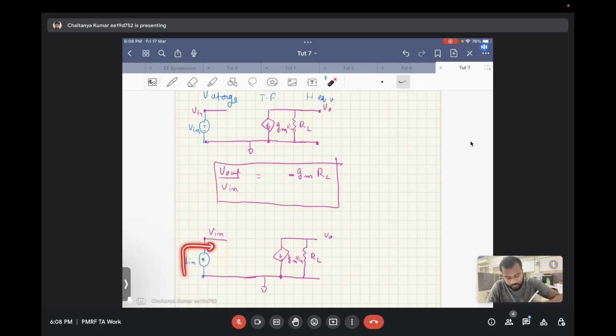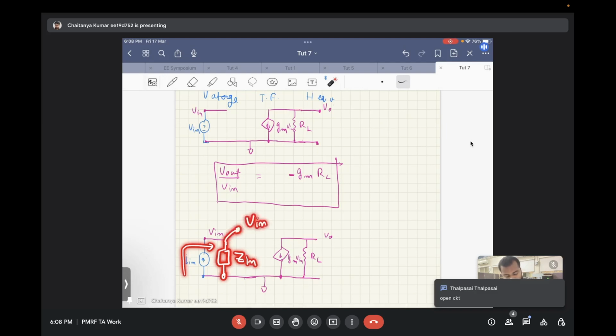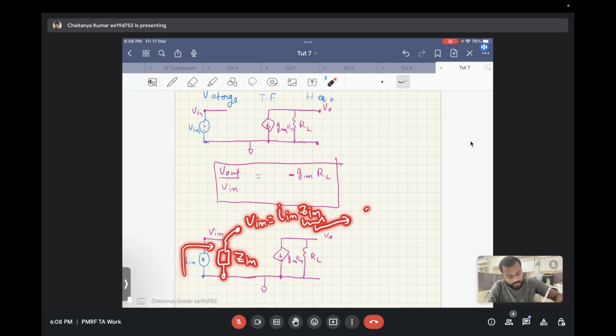If some current flows into some impedance, say Zin, the voltage developed over here will be Vin is equal to Iin times Zin. And as you pointed out, this is an open circuit, so Zin is equal to infinity.